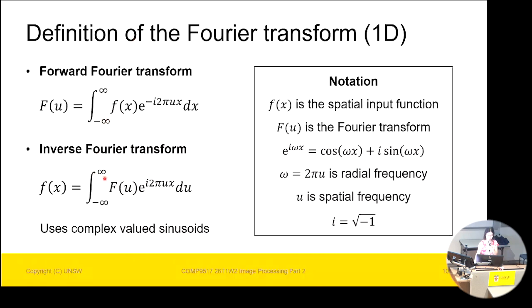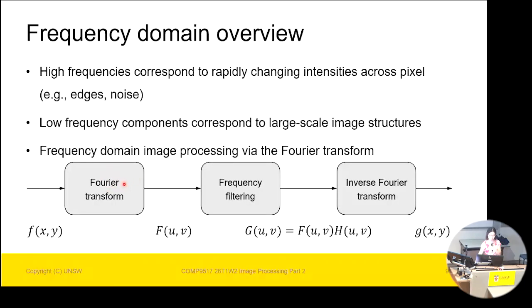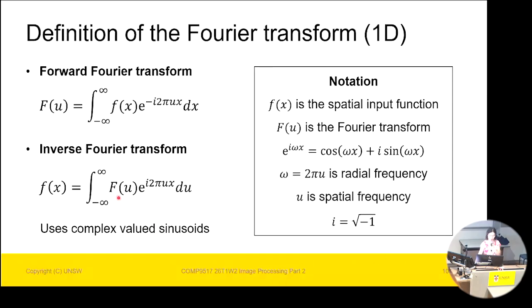Here is the formula for the inverse Fourier transform. Remember in the previous pipeline, I showed we need to do the forward Fourier transform to get to the frequency domain, and then in the end, we do an inverse Fourier transform to get back to the spatial domain. For the inverse, it looks almost the same.